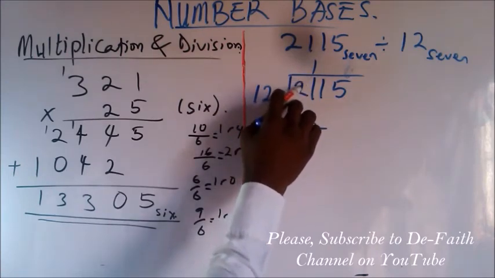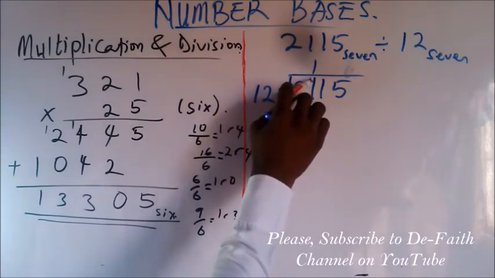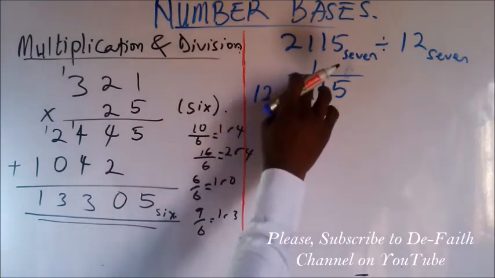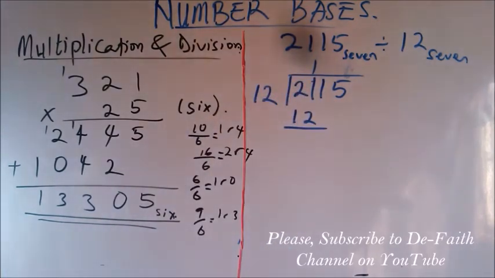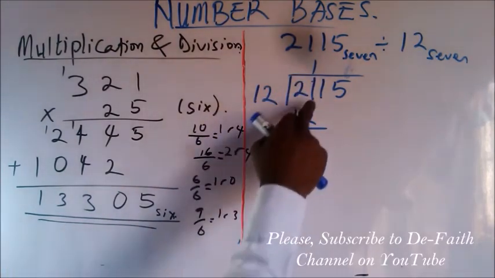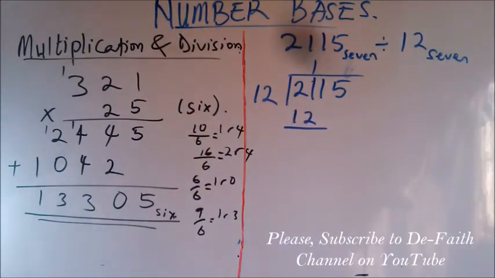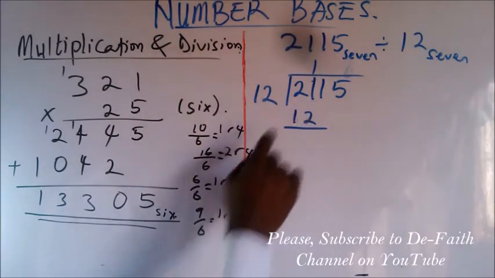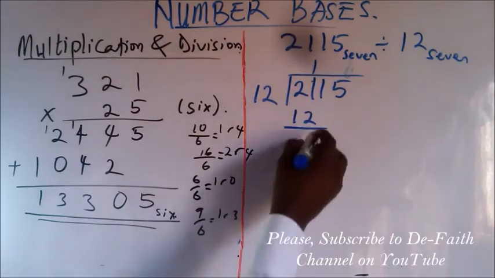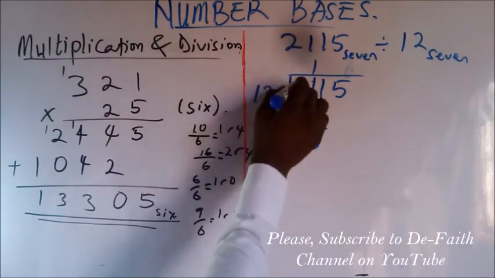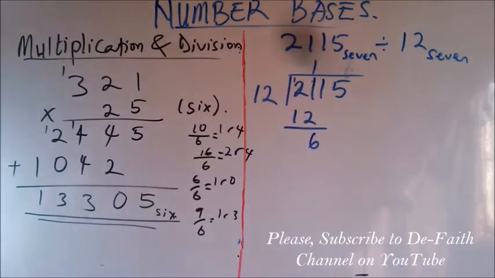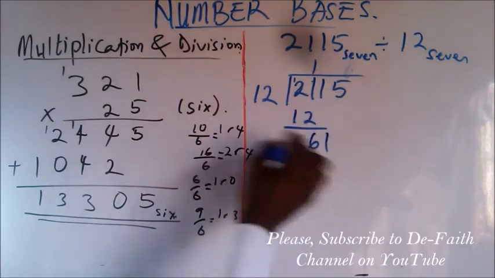Now, when we bring the 1 from here, it becomes 7. So it will no longer be 1 that we borrow, it will be 7. So 7 plus 1, that gives 8. 8 minus 2, that gives us 6. Here we have 1 here, so 1 minus 1, that's 0. So we bring down this 1.